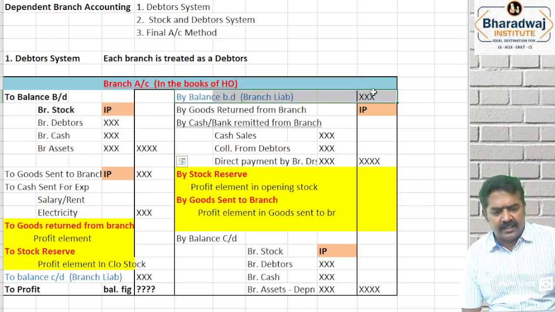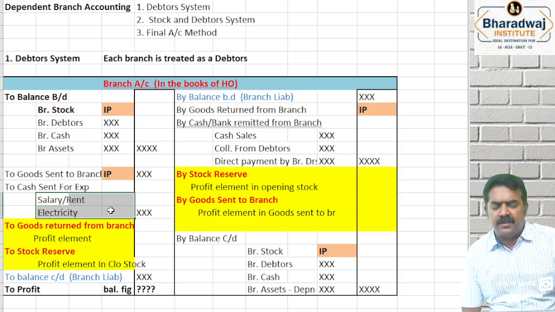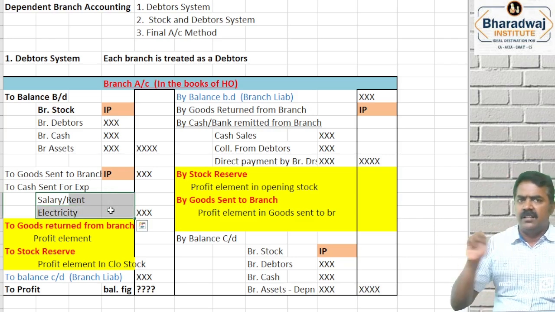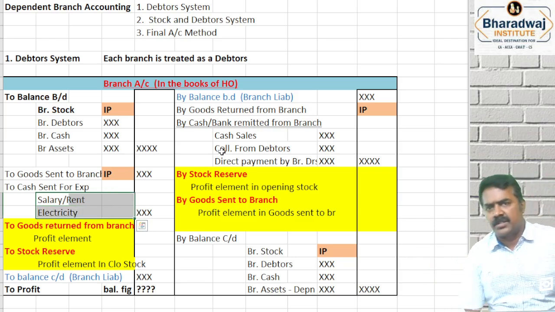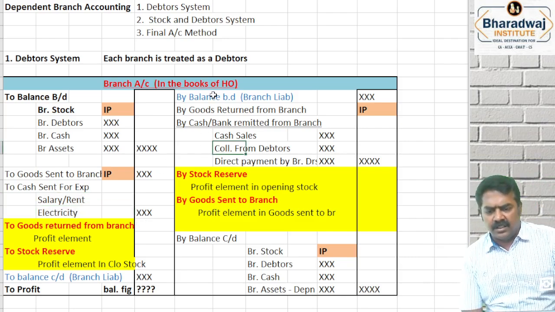You can take it like a liability at the beginning or liability at the end, or with the concerned expense itself we can adjust, like salary: add outstanding at the end, minus outstanding at the beginning, like that you can adjust. Otherwise, you can treat it like a liability, by balance brought down and balance carried down.